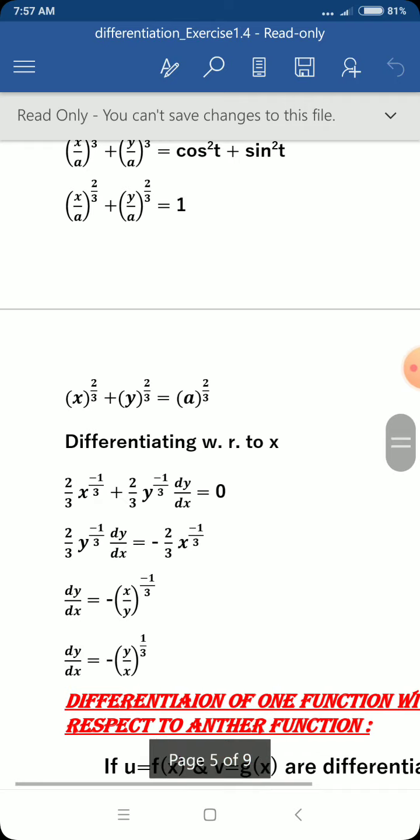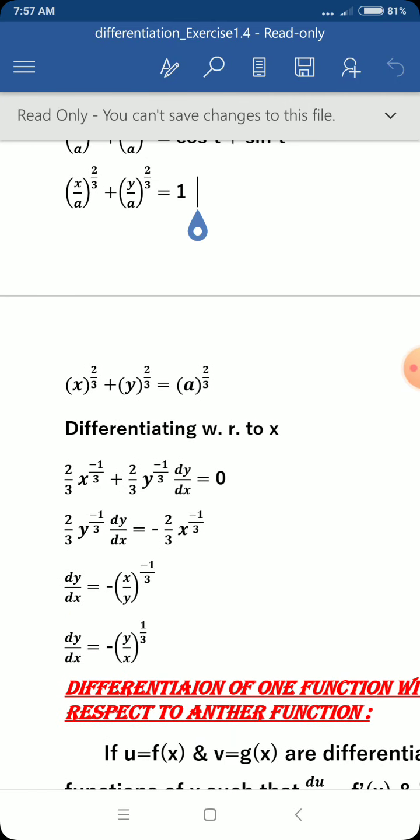Now differentiate this equation with respect to x. Derivative of x raised to 2 by 3, by using the formula derivative of x raised to n is equal to n into x raised to n minus 1, is 2 upon 3 into x raised to minus 1 upon 3, plus derivative of y raised to 2 upon 3. y is a composite function, therefore derivative is 2 upon 3 into y raised to minus 1 upon 3 into derivative of y, dy by dx, equal to 0.